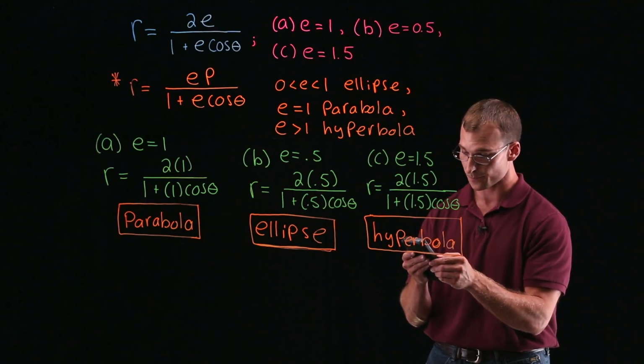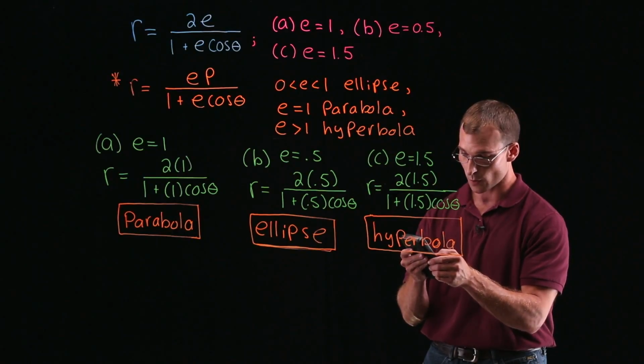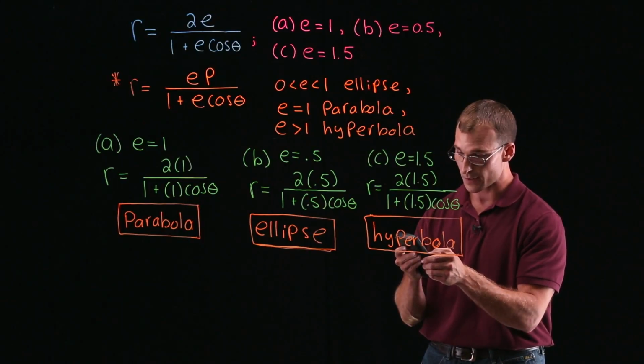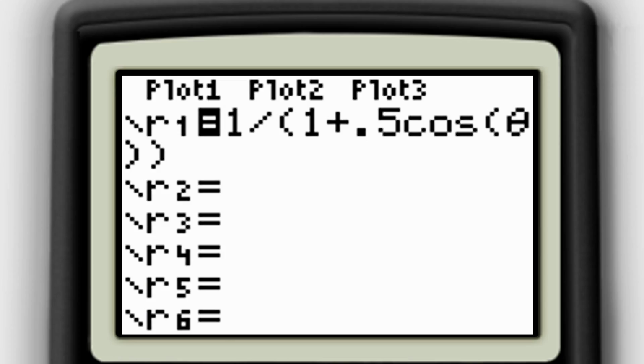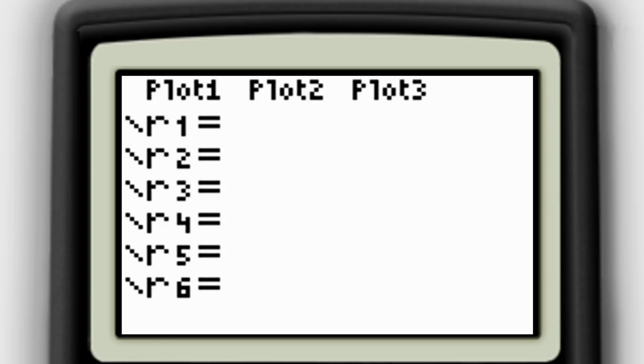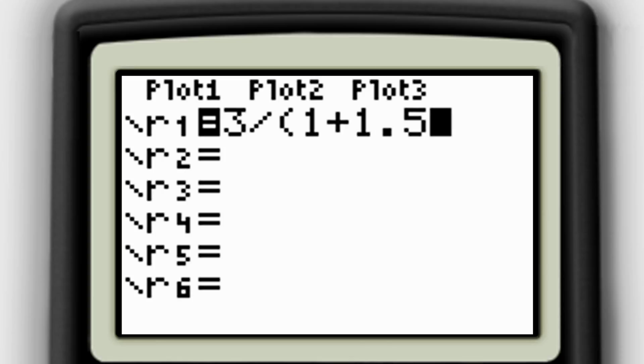Now lastly, we do part C. Going back into our equation input, clear out the equation we just had. For R1, we're going to type in 2 times 1.5, or 3, divided by quantity 1 plus 1.5 times cosine of theta.